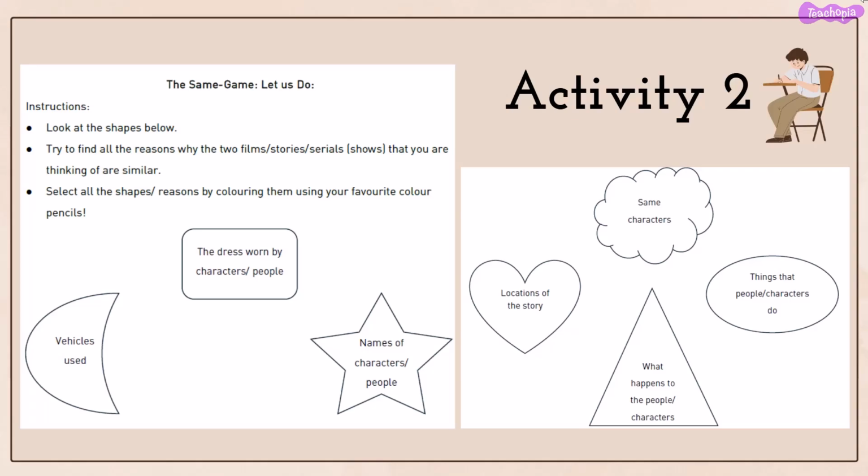Was the dress worn by the characters the same, given within the rectangular box? Or was the location of the story the same, meaning was it in India? Then they can color the locations of the story within the heart using a color pencil. This will help learners understand what similarities exactly mean.